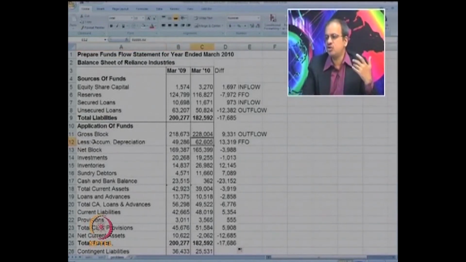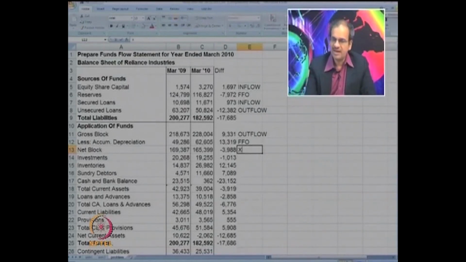In other words, it should be marked as FFO. It will have some impact on the funds but it is neither inflow nor outflow. Net block, that means gross block minus depreciation, it will be what? Inflow or outflow? Nothing, simply mark it as XX because it is neither inflow nor outflow.